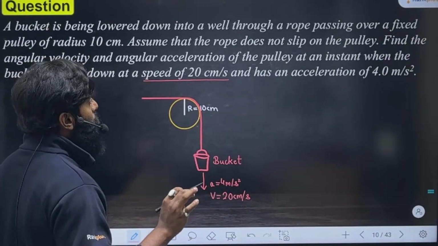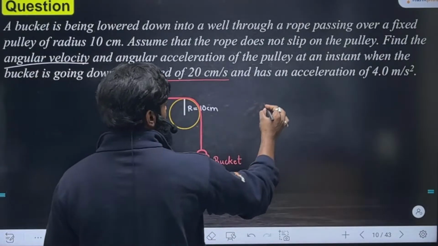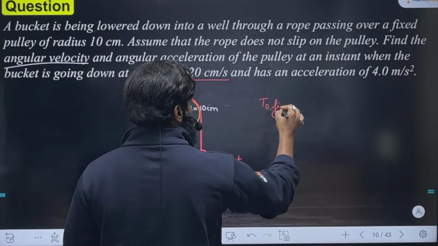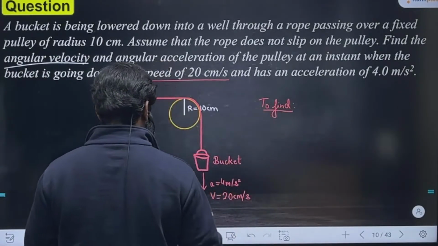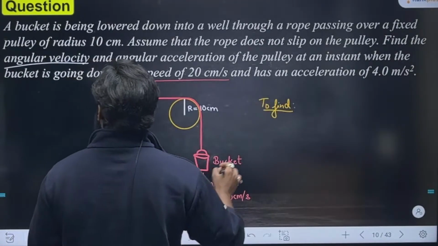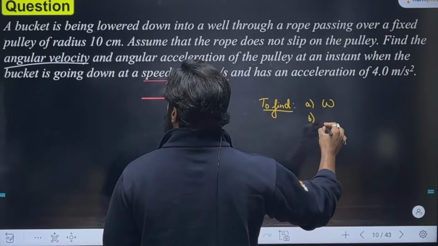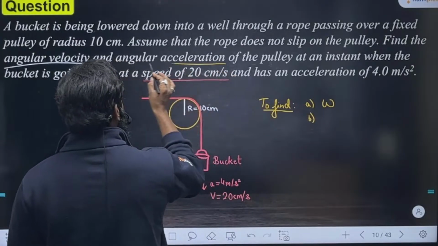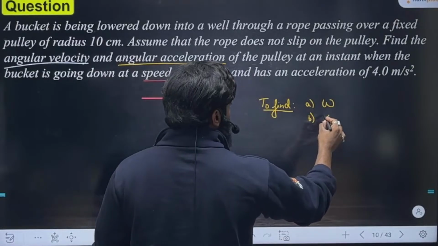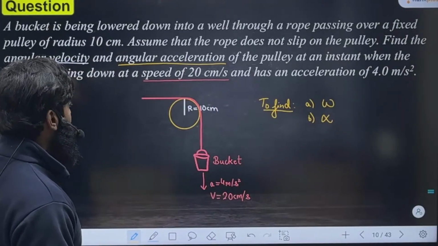What you have to find out? You have to find out the angular velocity omega and angular acceleration alpha.